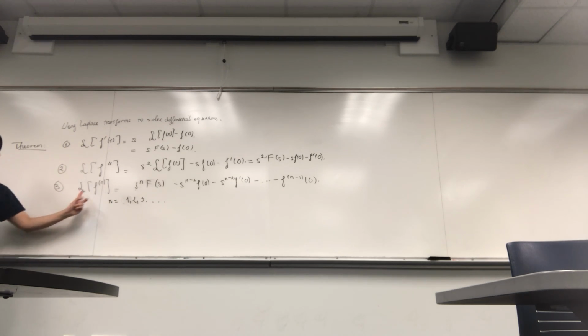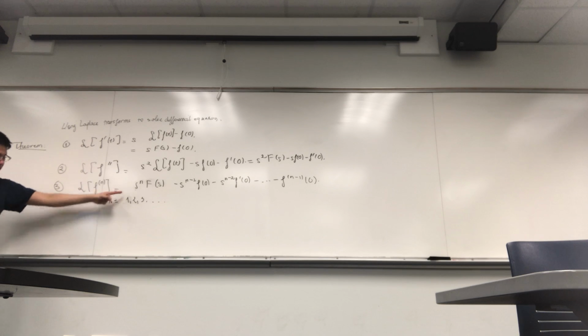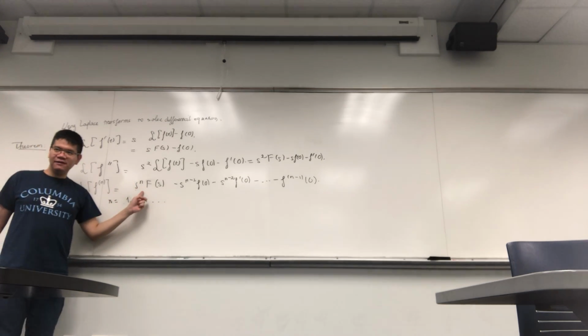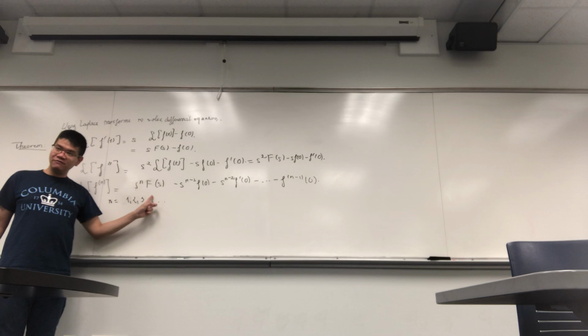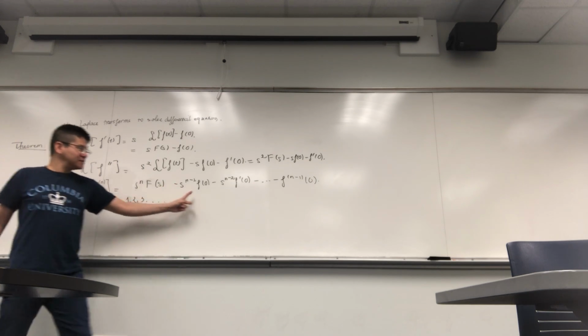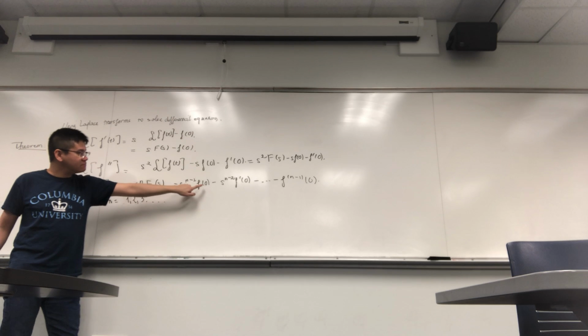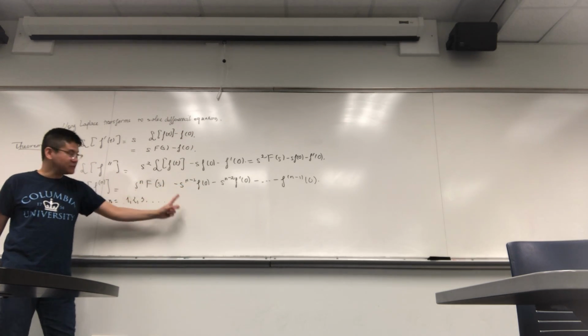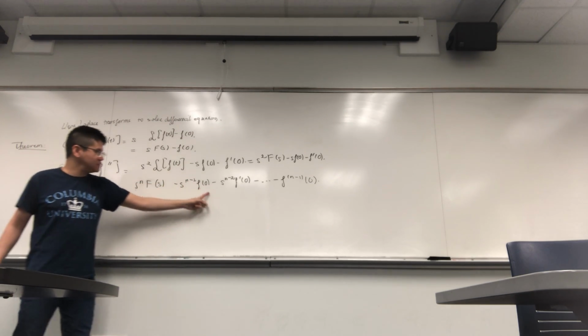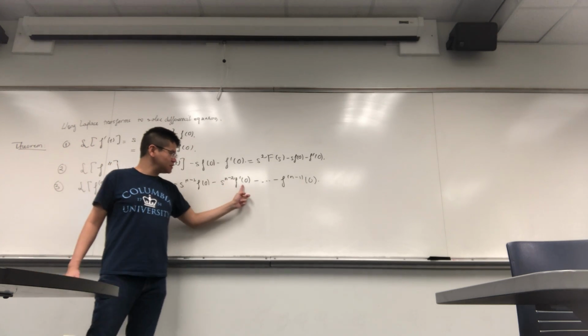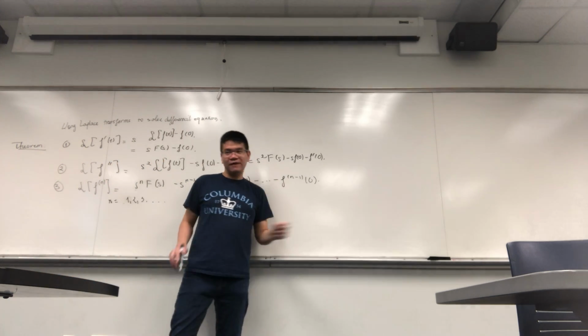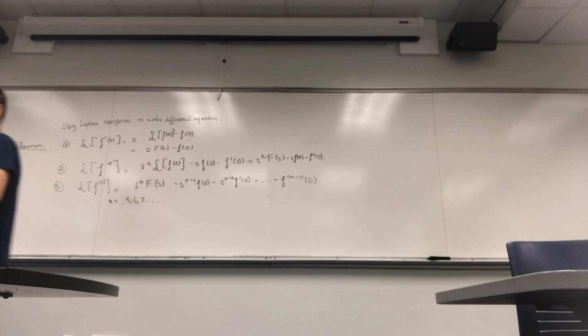The Laplace transform of the nth derivative of a function is going to be s to the n times the Laplace transform of that function minus a lot of values of the function and its derivatives at the point 0. Right? So here you have s to the n minus 1 f(0) minus s to the n minus 2 f prime at 0, and so on, minus f to the n minus 1 at 0. Right. Questions? Is it clear?